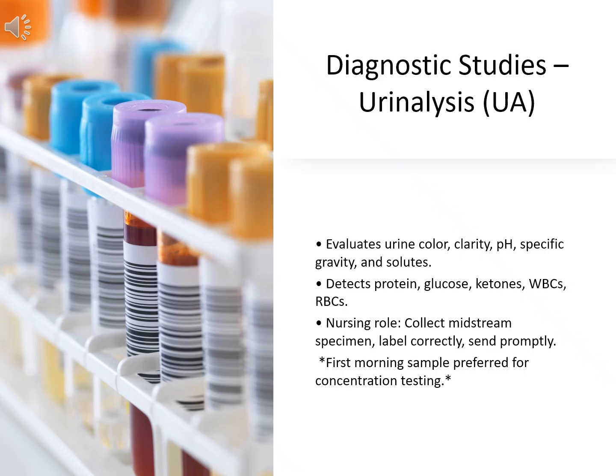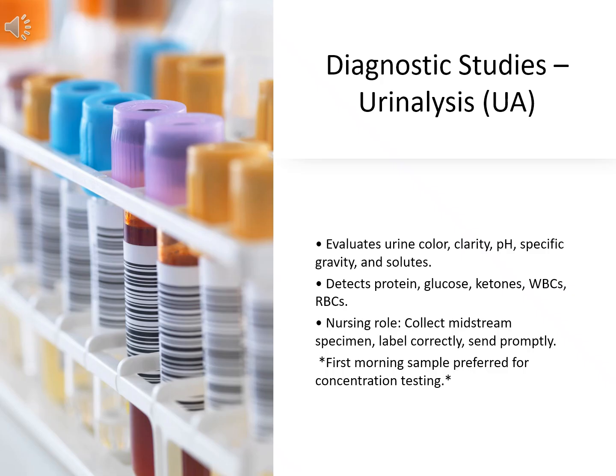Some lab tests and studies can be collected over the course of 24 hours. So we'll talk about that when we talk about our GFR and glomerular nephritis, but we often take a GFR with a 24-hour urine collect where we're collecting their urine for the entire 24-hour period.